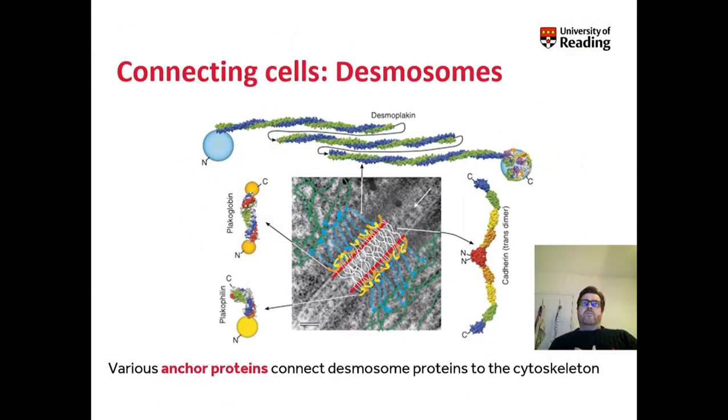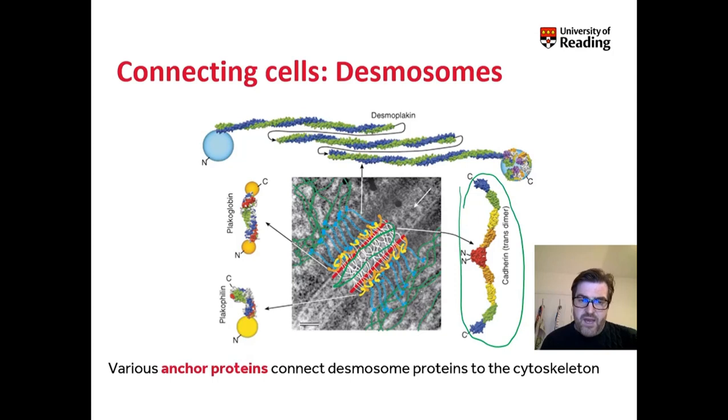Now, the anchor proteins that connect the desmosomes to the cytoskeleton are quite various, and again, not going to go into these in too much detail, but again, we can see here are the cadherins in the middle. That's the cadherins there, and we can see the plaque that we have here in red.